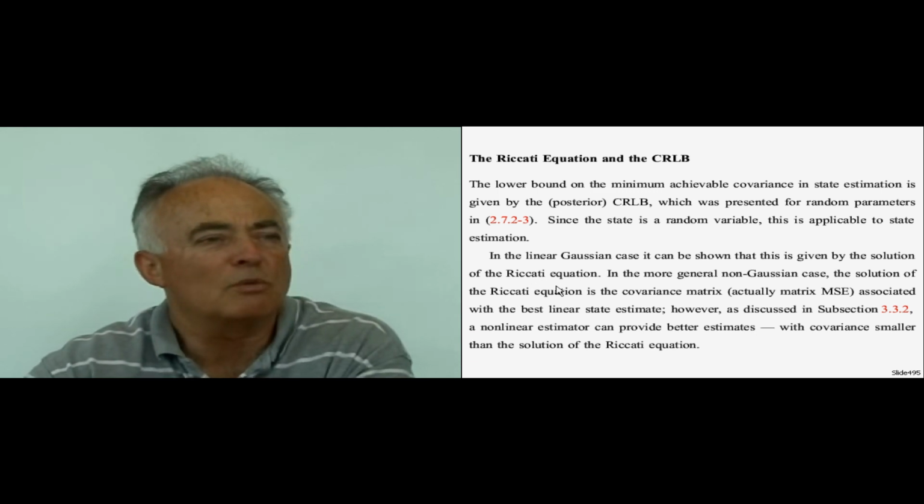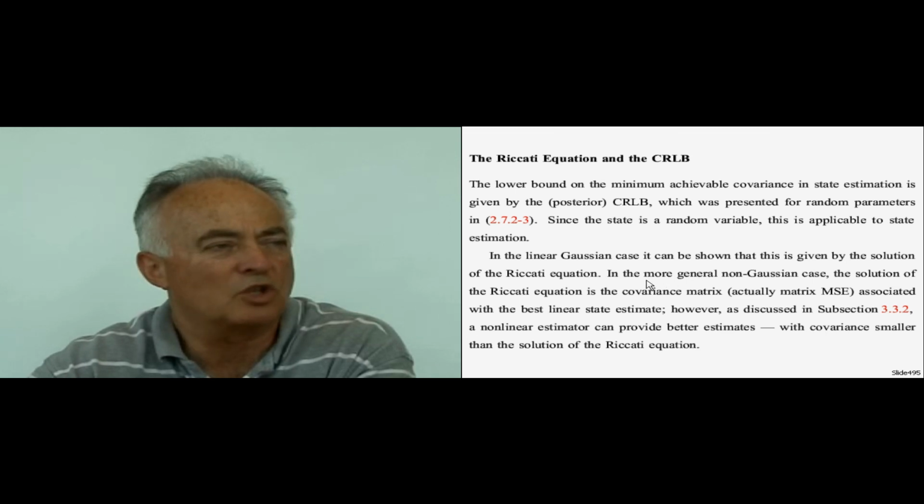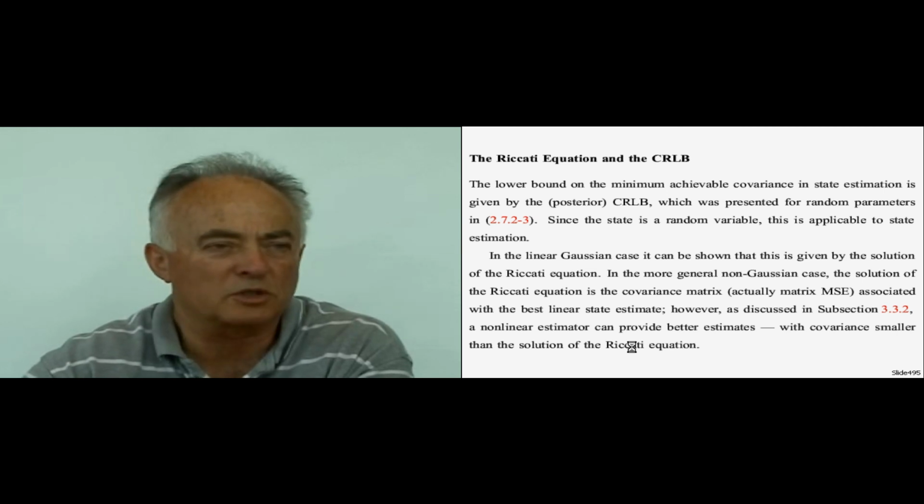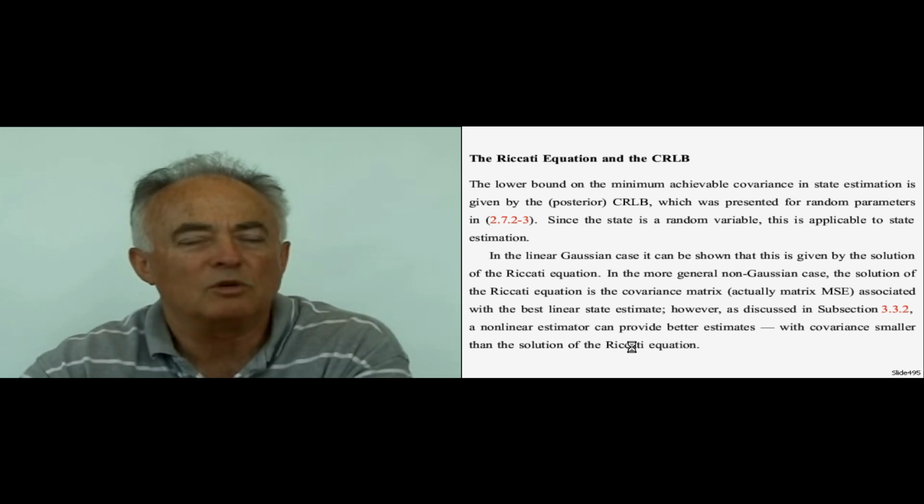But in the more general non-Gaussian case, the solution of the Riccati equation, the covariance matrix, really is a mean square error matrix associated with the best linear estimate. But, as we discussed earlier, a non-linear estimator can provide better estimates with covariance smaller than what the Riccati equation provides. So, if it's a non-Gaussian problem, you have the first two moments of all the random variables, use the Riccati equation, you come up with a covariance matrix or a mean square error matrix, you can achieve it.